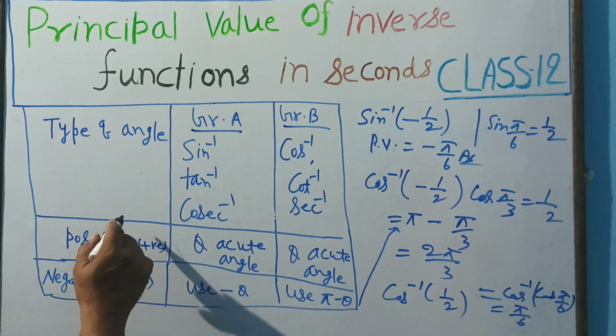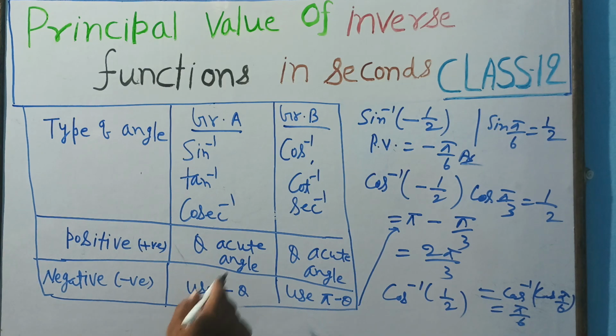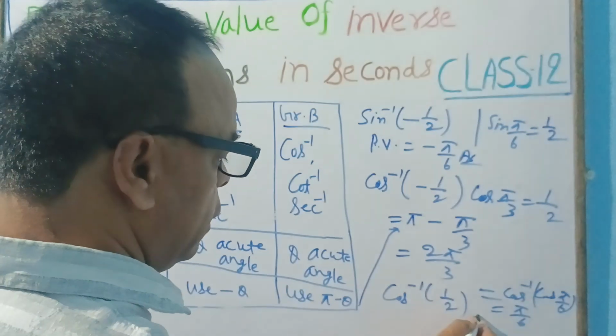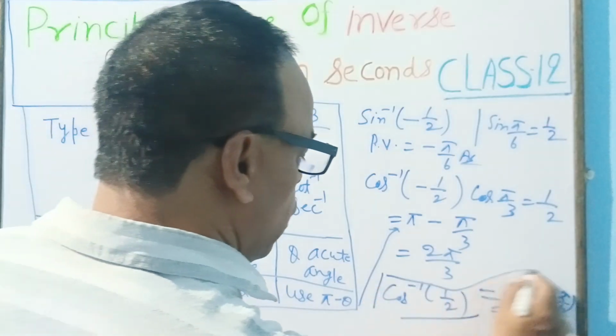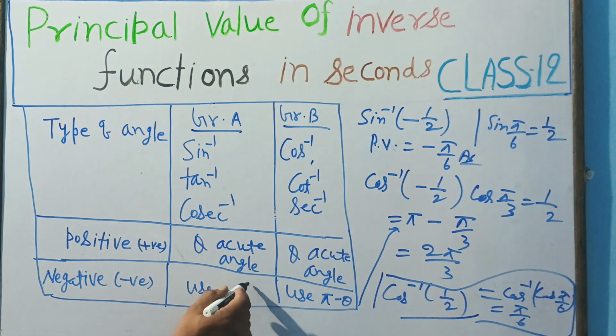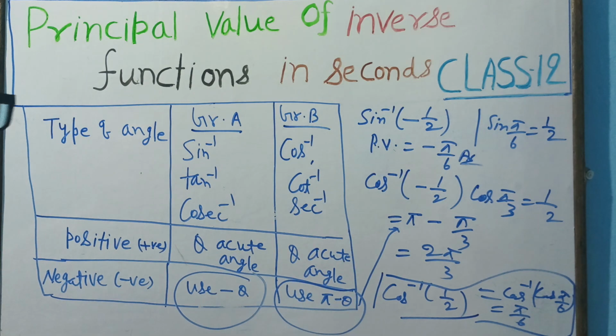And if the angle is positive, this is not a hard question to find the principal value, because theta is an acute angle in such cases. This is the example, cos inverse half. With this formula, we will find the principal value in seconds if the angle is negative.